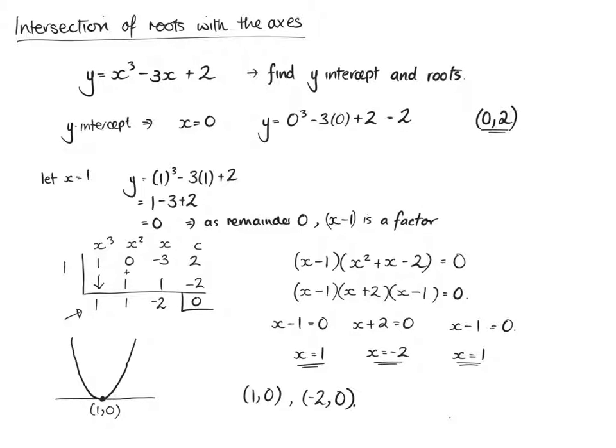You could graph this as a way of showing that, but at the minute it's just asking you to find the intercepts. Okay, so that's us for finding the intercepts and roots for these polynomials.